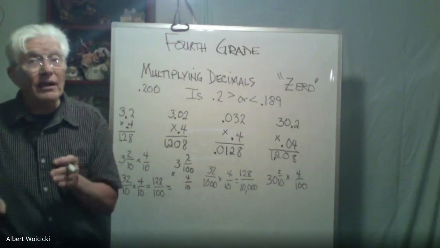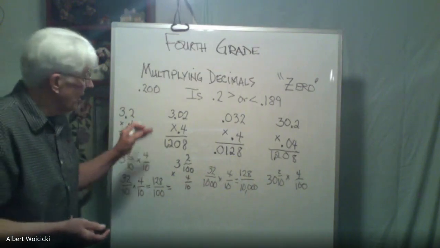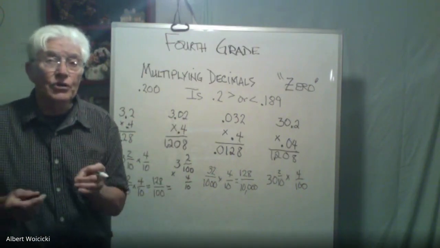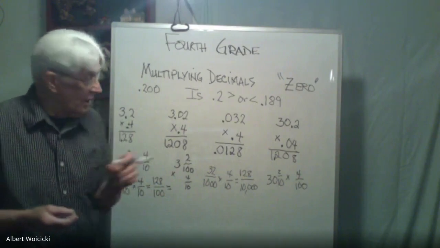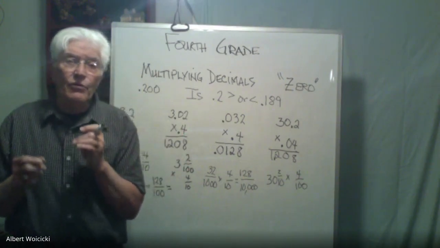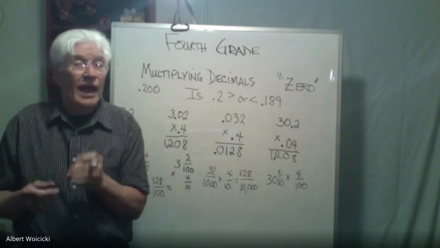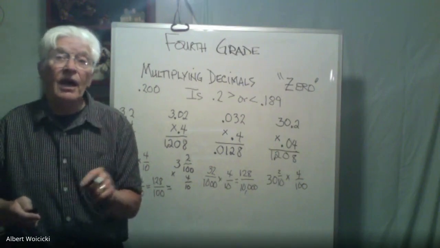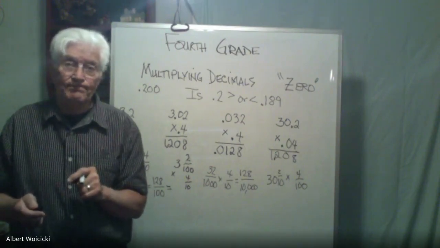Incorrectly is reading it as 3.02. No, it's 3 2/100 times 4/10. So make sure they read the problem correctly. And if they read it correctly, they'll have a much better understanding of what the solution is going to be.